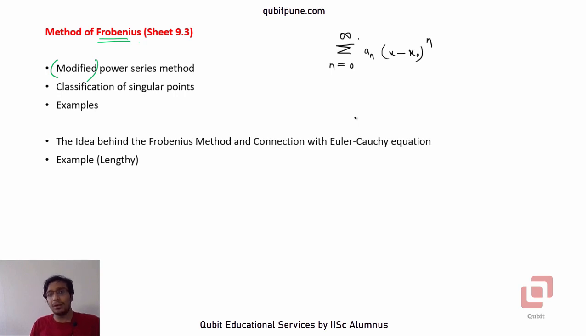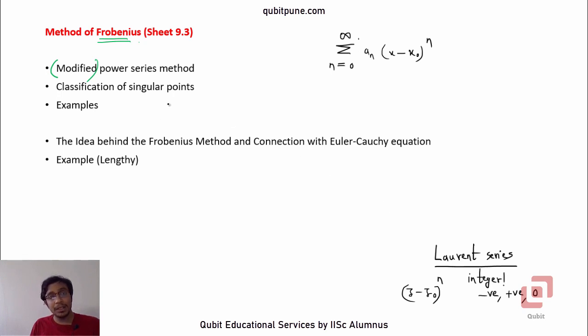Now you may recall from the calculus of complex variable functions that we can allow negative integral powers of the term z minus z0, and such a series is known as a Laurent series. In a Laurent series, the power of z minus z0 can be negative, positive, or 0, but it has to be an integer.